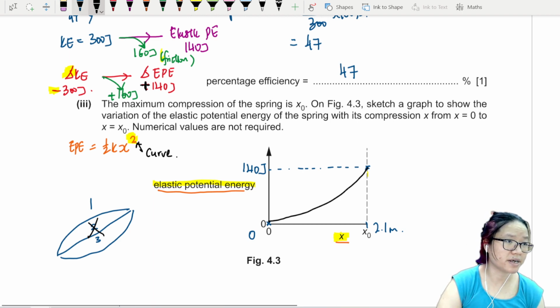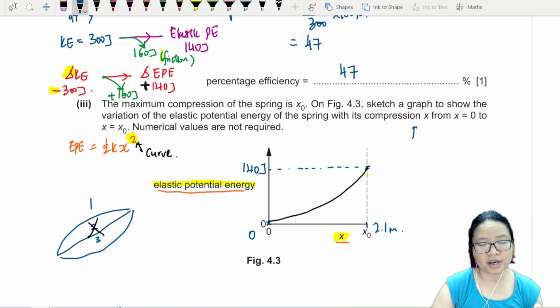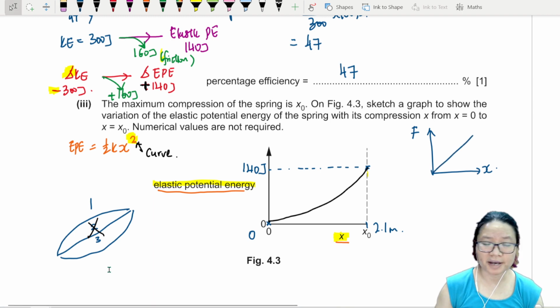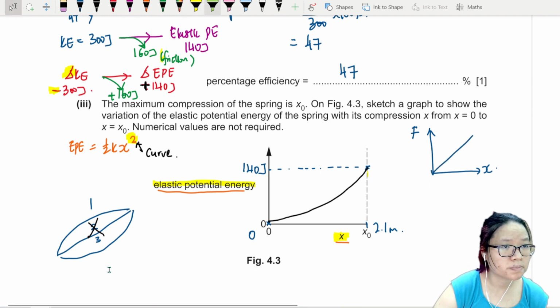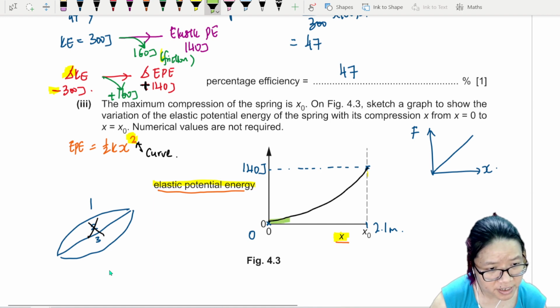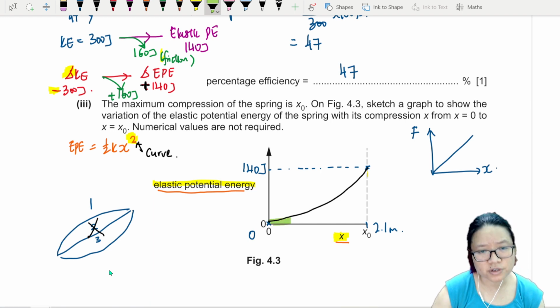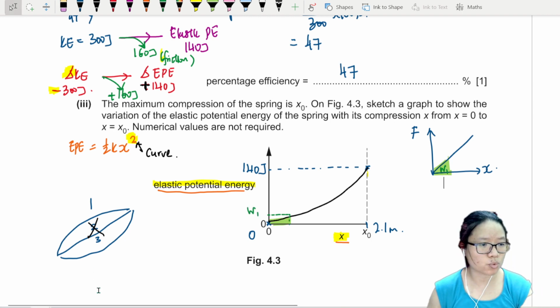Or you can say, let's say I look at the Fx graph. There are a few ways to look at it. Okay, Fx graph is like this, right? Straight line. So let's say I stretch the first distance here, which is here. This area is work done. So this value here is W1. Area here is W1.